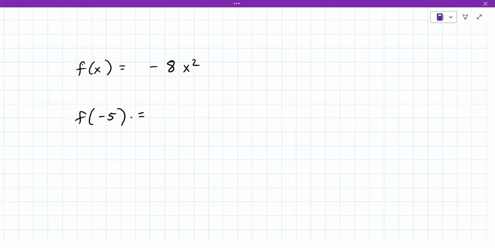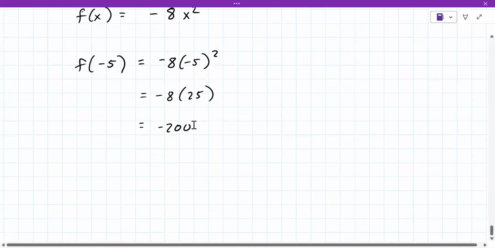That would be 25 times 8, 200. Did you say negative 200 or positive 200? Negative. It is negative. It's negative 8 times negative 5 squared, negative 8 times 25, which is negative 200.